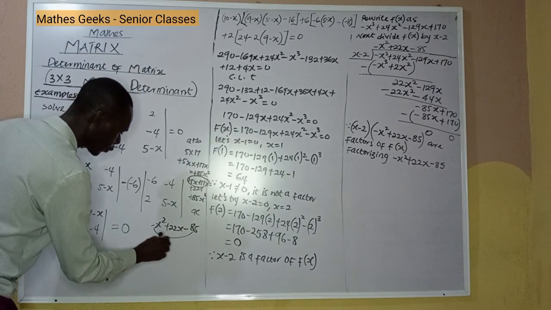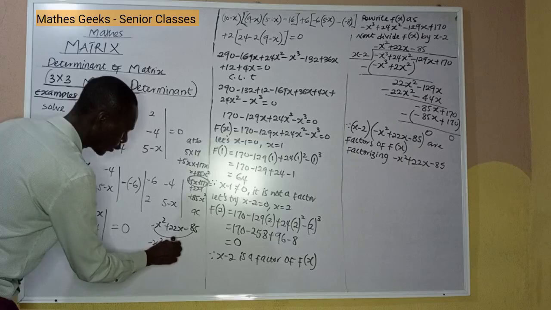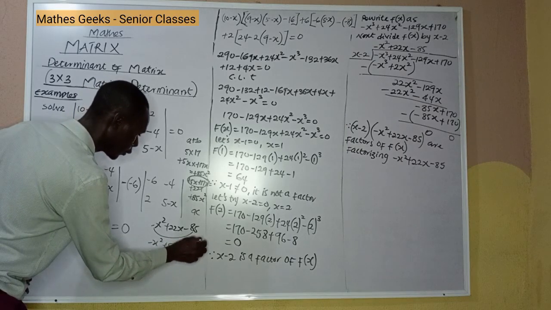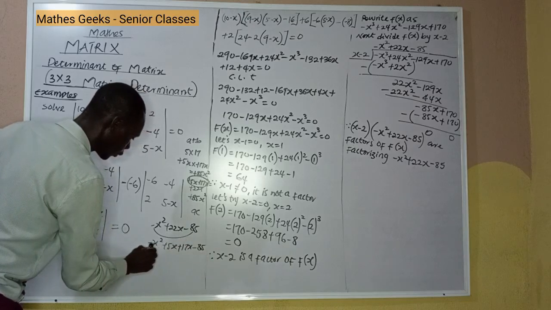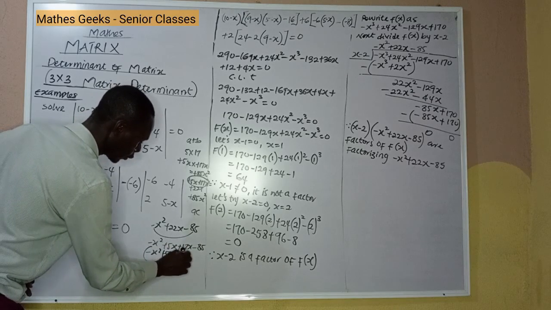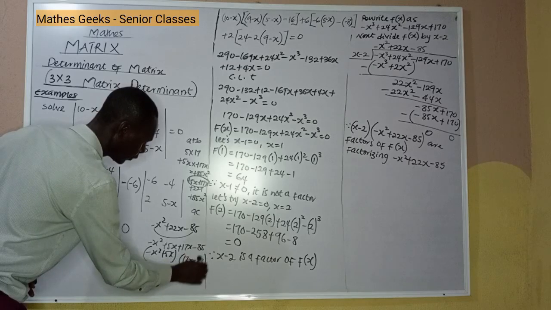So we put all of these factors in here: minus x squared plus 5x plus 17x minus 85. Minus x squared plus 5x, and 17x minus 85.